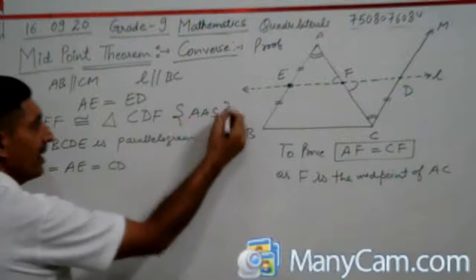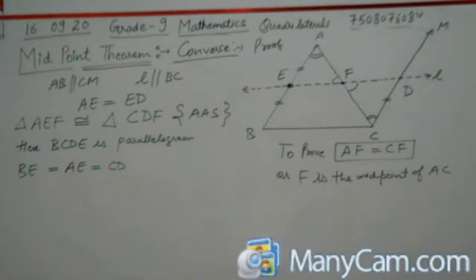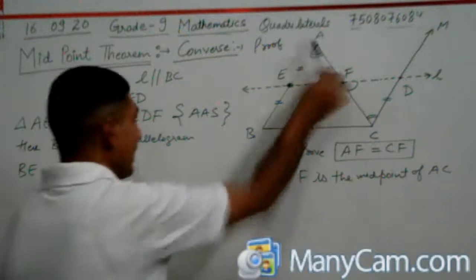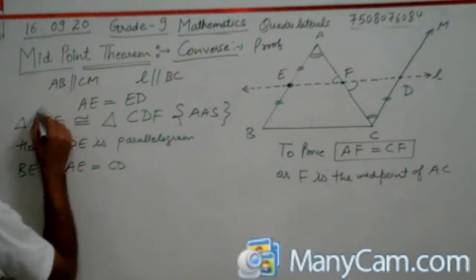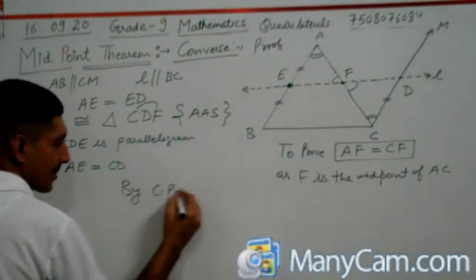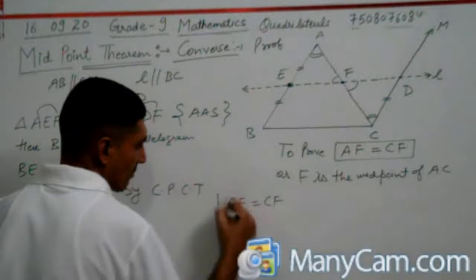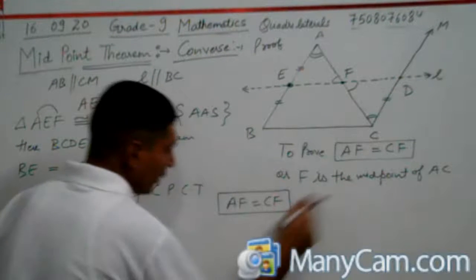So by the angle-side rule of congruence, these two triangles are congruent, and therefore by congruence AF is equal to CF, or F is the midpoint.